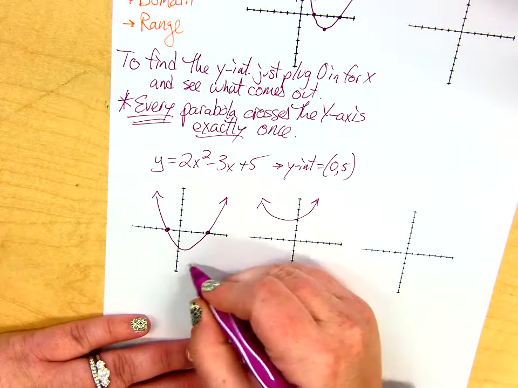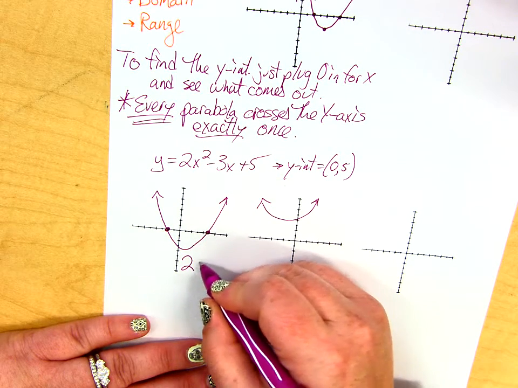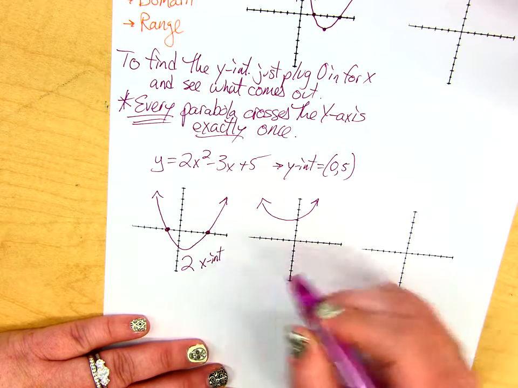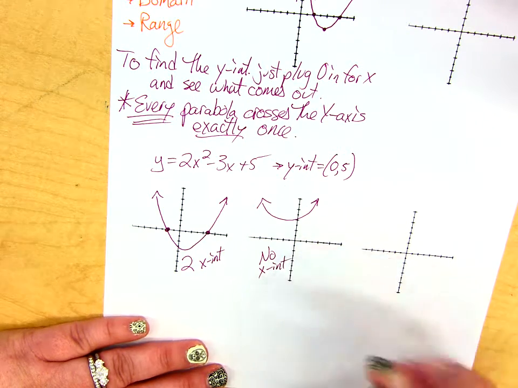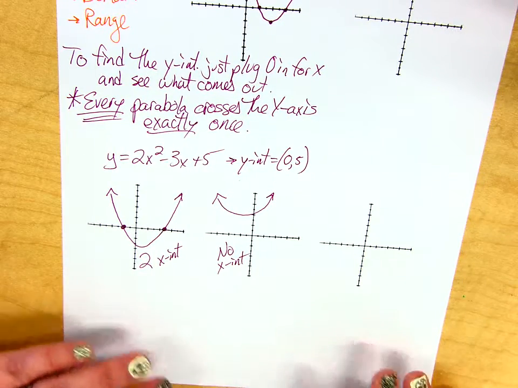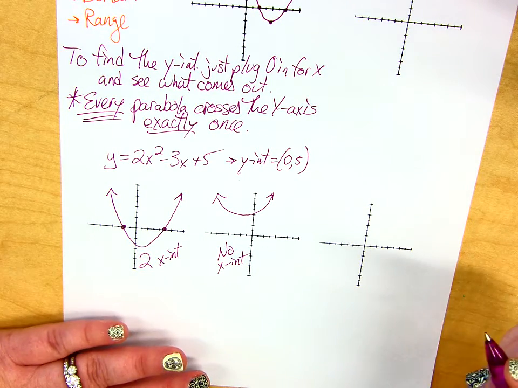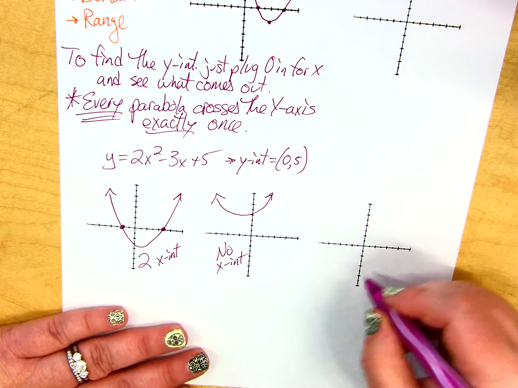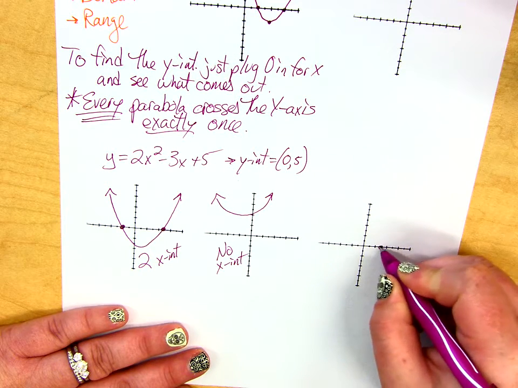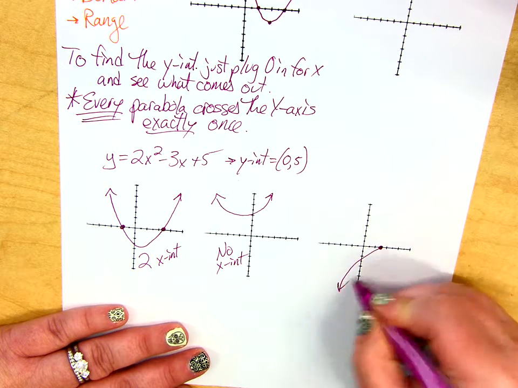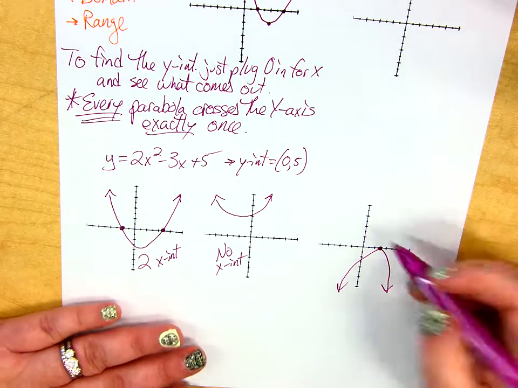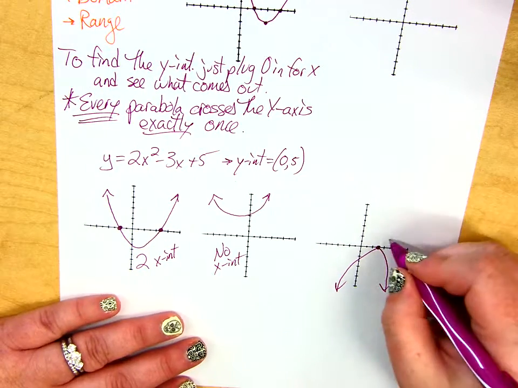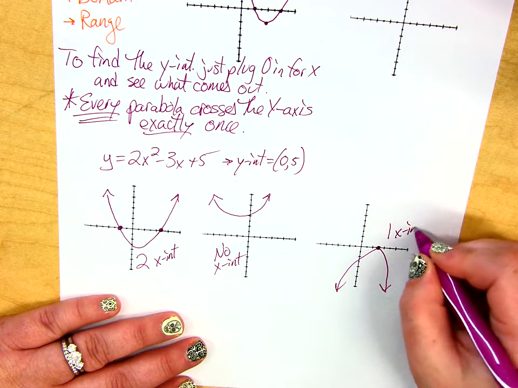So I can have 2 x-intercepts, I can have no x-intercepts, or the third possibility would be, yes, if the vertex happens to be on the x-axis somewhere. That's a terrible parabola, but you get the idea. That would be 1 x-intercept.